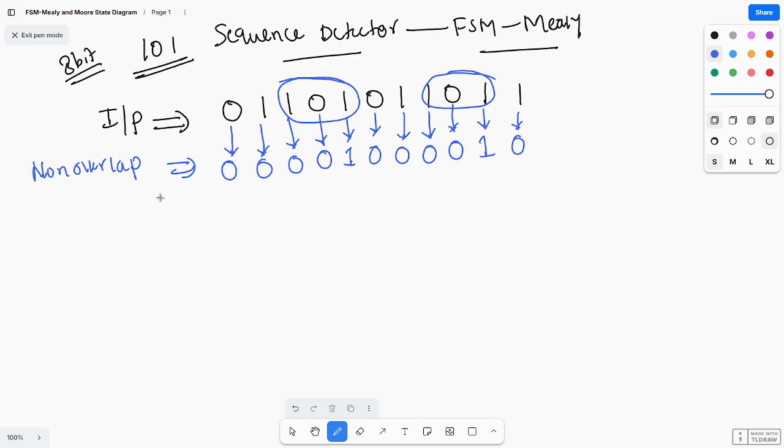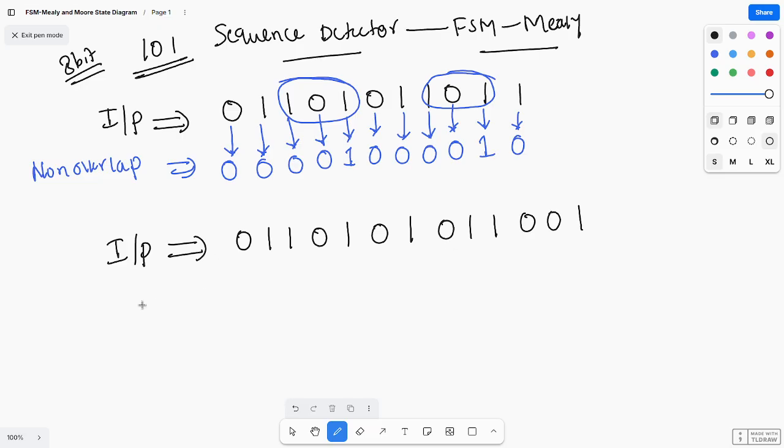Now if you see the overlapping sequence, let us take the same input sequence: 0 1 1 0 1 0 1 0 1 1 0 0 1.